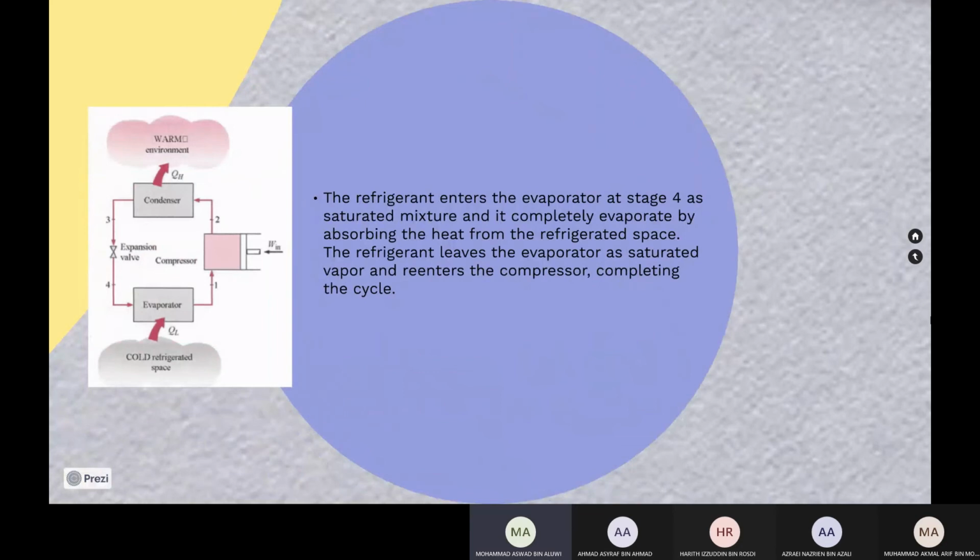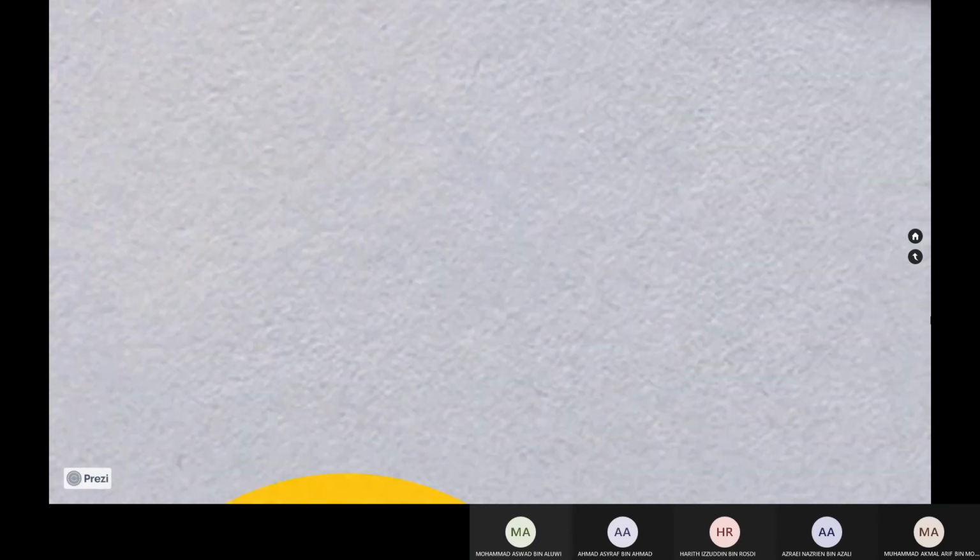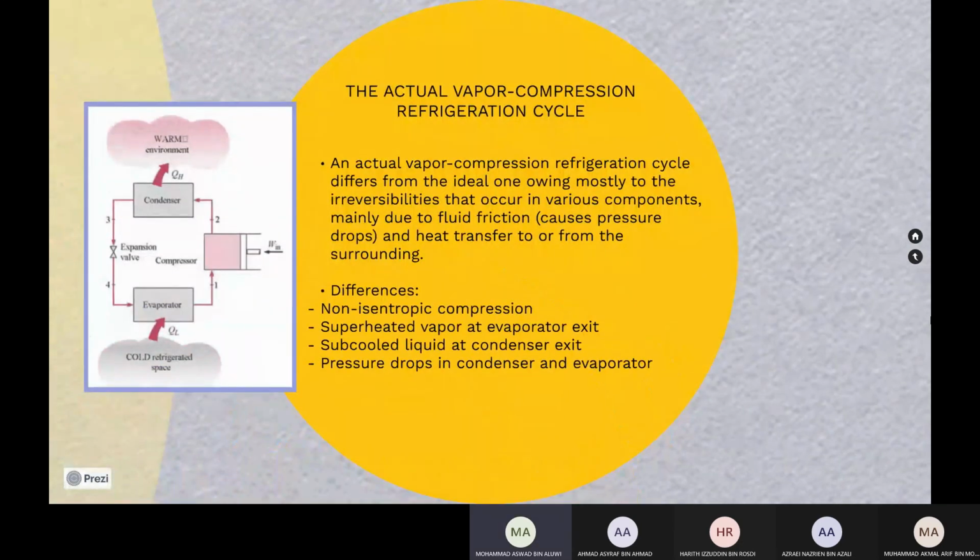The refrigerant enters the evaporator at state 4 as a saturated mixture and it completely evaporates by absorbing the heat from the refrigerated space. The refrigerant leaves the evaporator as saturated vapor and re-enters the compressor, completing the cycle. So I will pass to the next presenter.